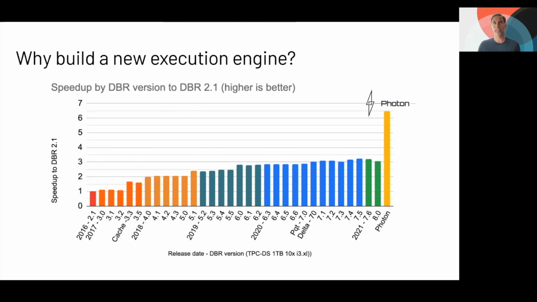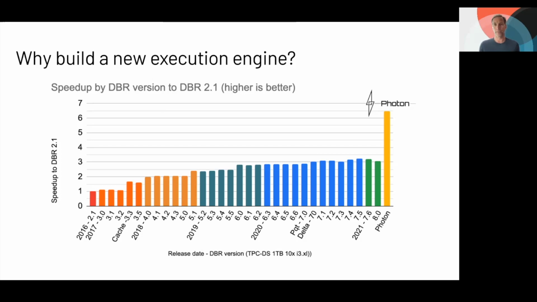You can clearly see that performance has continued to increase over time, but in relatively small increments. Note, the DBR performance from version 8.0 in 2021 is roughly 3 times faster than version 2.1 from 2016. But it took 5 years to get that 3x performance.